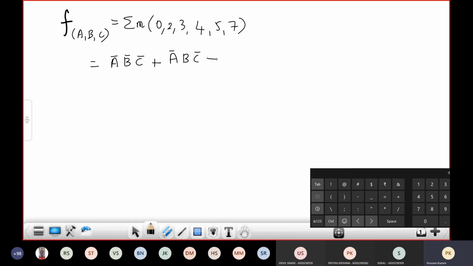Then 3 is 0, 1, 1, A bar, B, C. Then 4 is 1, 0, 0, A, B bar, C bar, plus 5, which is 1, 0, 1, so A, B bar, C, and then the last is 7, so A, B, C. Okay. Now you simplify this. Let me know what you are getting as a simplified expression, using Boolean algebra theorem.